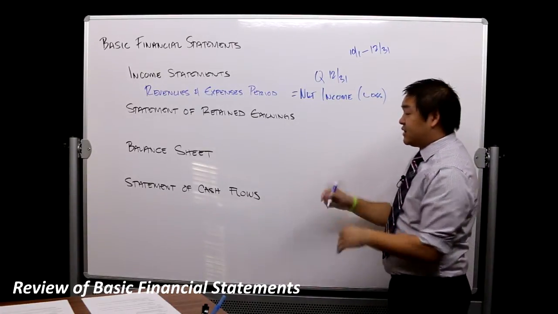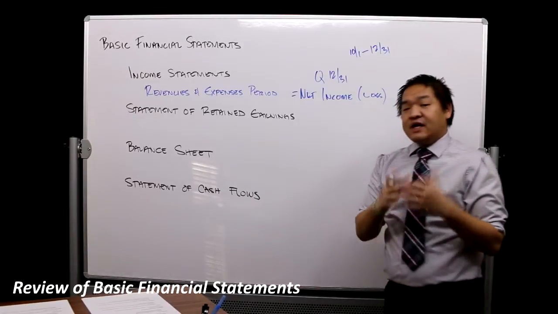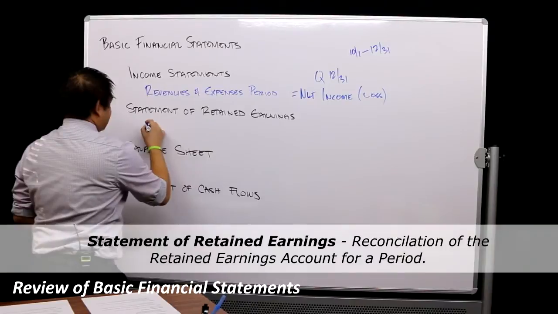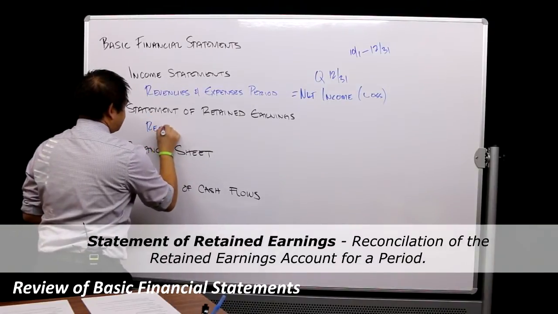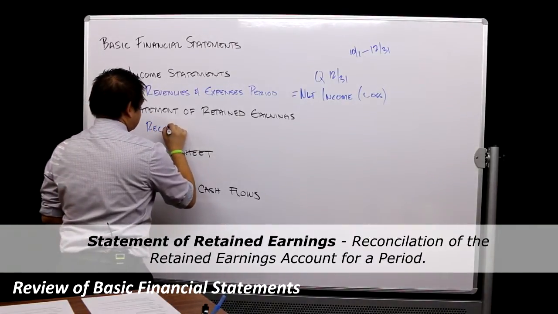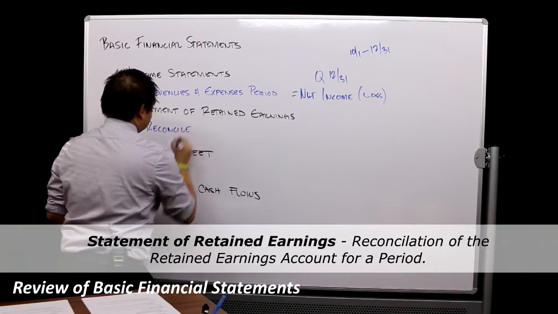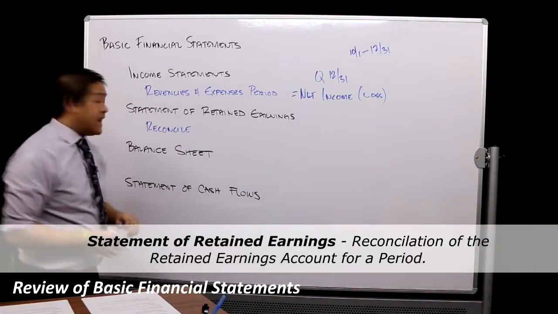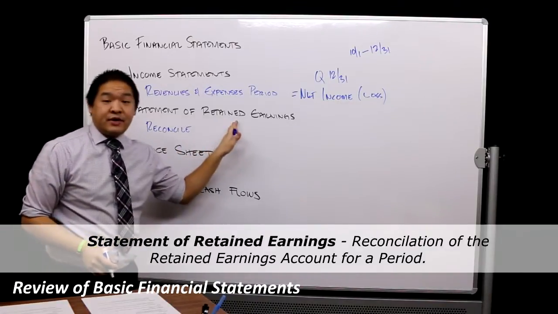Now, the statement of retained earnings and the statement of cash flows kind of do the same thing. What they really do is they reconcile an account. Now, in this case, we're reconciling the retained earnings.